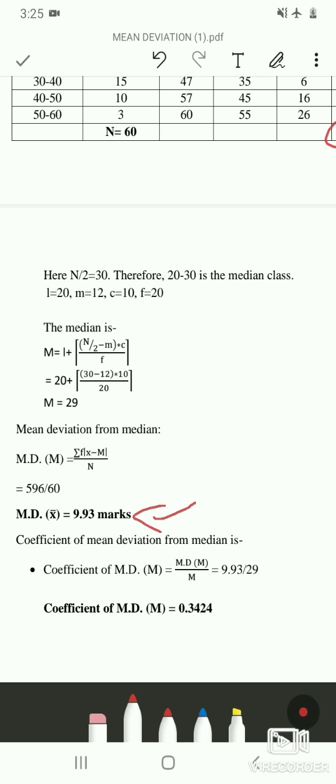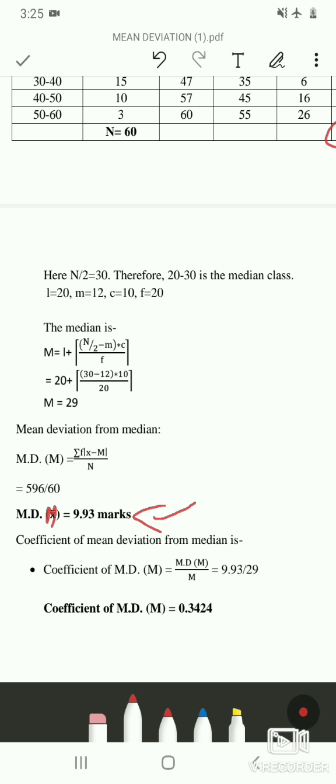Therefore the mean deviation from median, sorry, this should have been m, so mean deviation from median is 9.93 marks. And they have asked to find out the coefficient of mean deviation from median. The formula remains the same, that is mean deviation upon median.